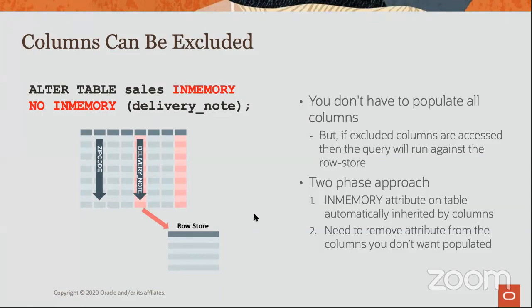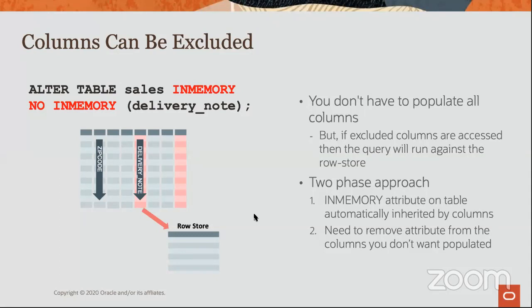So if you do choose to exclude columns from the column store, say columns that you're never doing analytic queries on, or maybe you have LOBs, or you have columns that actually are fairly large that are only queried once in a great while but aren't part of analytic queries, you can exclude those columns. What happens if you access those columns? We'll access that data from the row store.